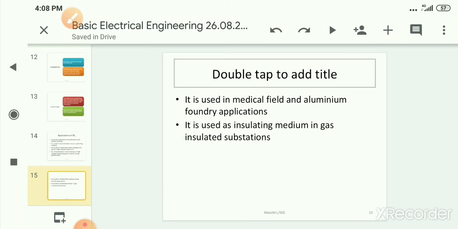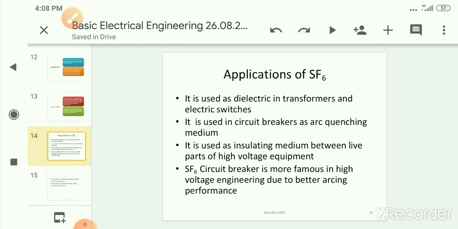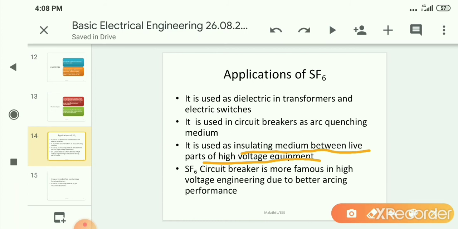So overall, which types of applications have we already seen for this SF6? It is used as a dielectric, and at the same time as an arc quenching medium of a circuit breaker, and as an insulation medium between live parts of very high voltage equipment. This is the main important point. Insulation between high voltage equipment.